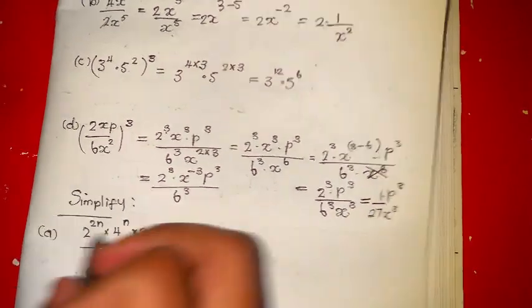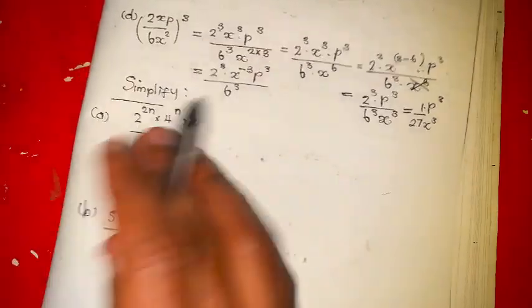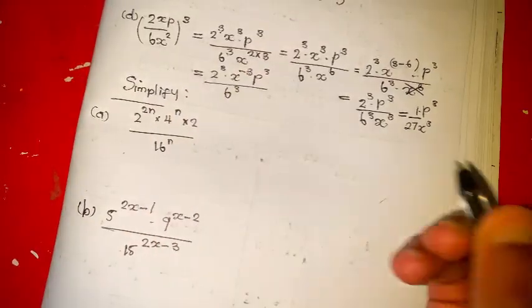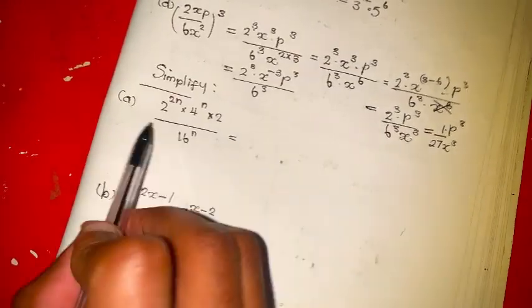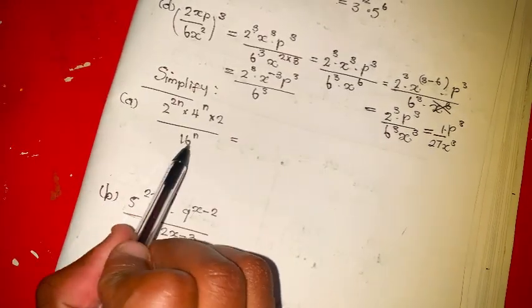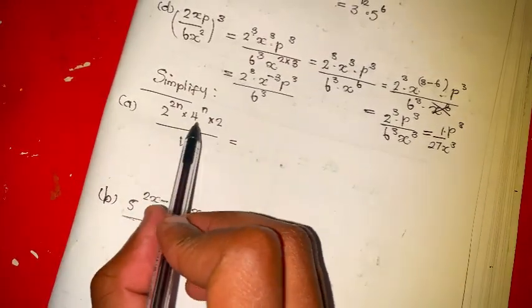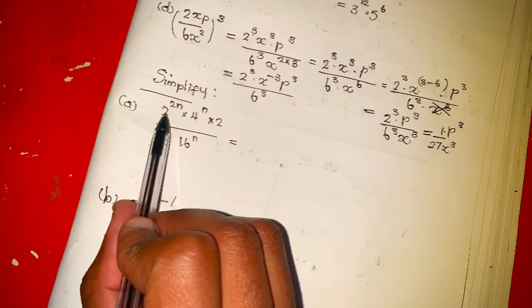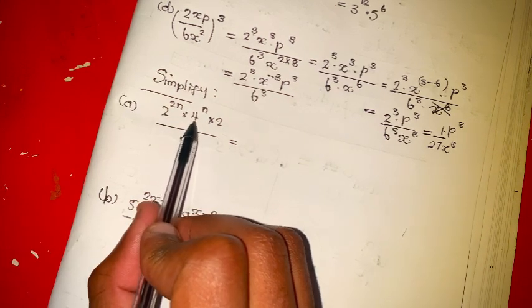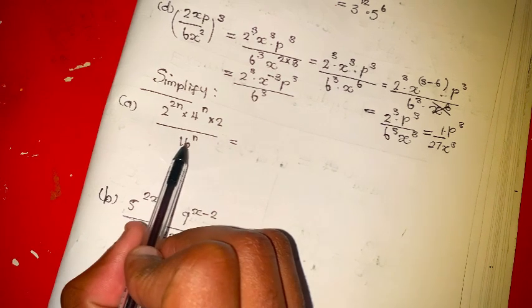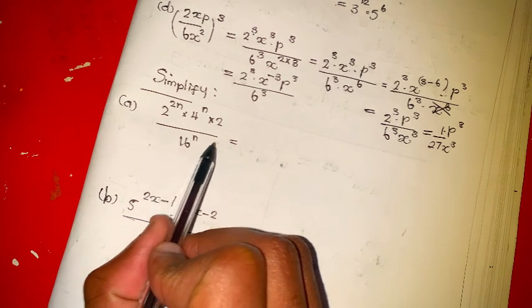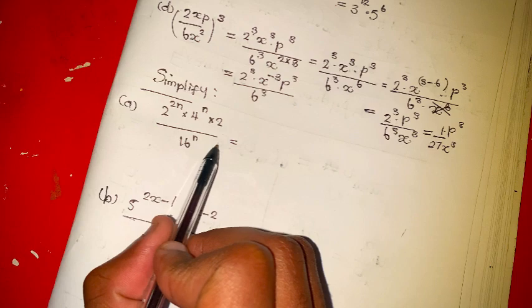So here we are asked to simplify. Being asked to simplify, you can see that you have 2, you have 4, you have 16. But you know that 4 can be written as 2 squared, and 16 can be written as 2 to the power of 4.